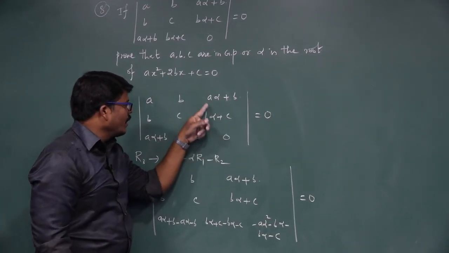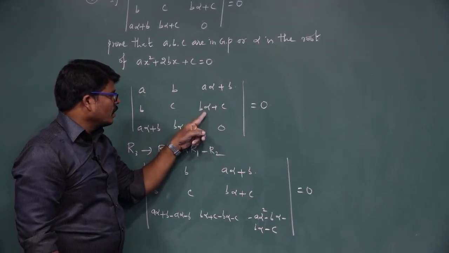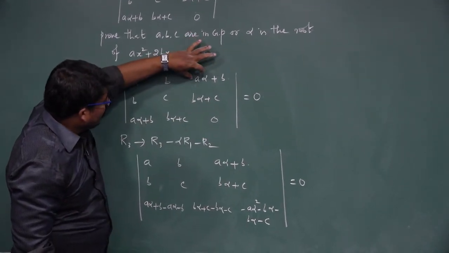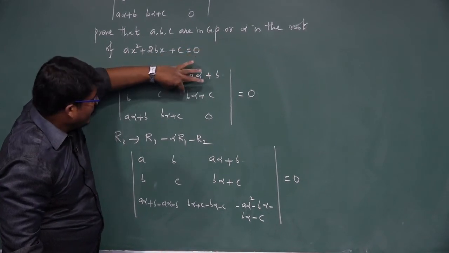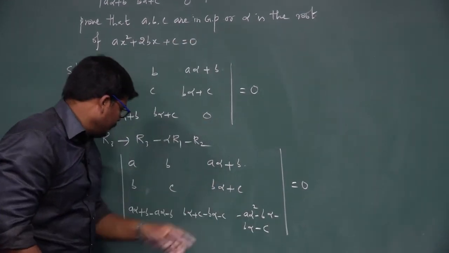Third one is 0 minus alpha R1 minus R2, 0 minus of A alpha square minus B alpha minus C, that is 1.